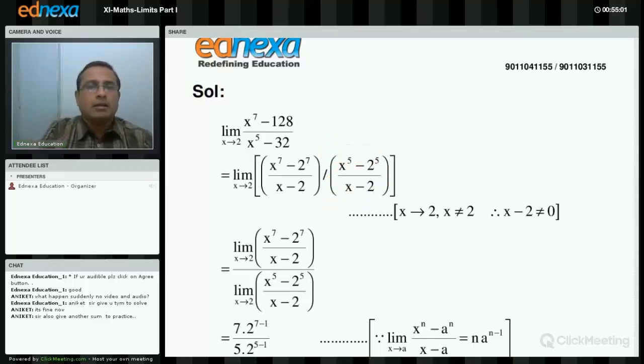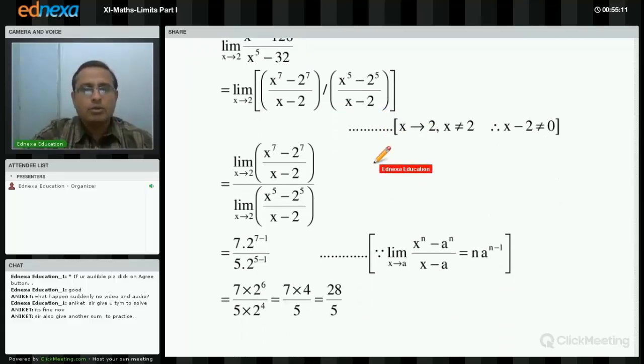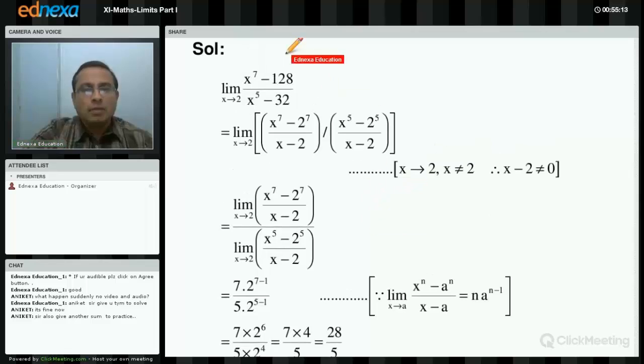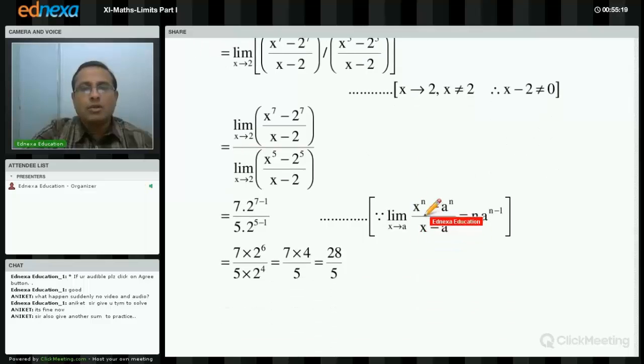So it should be done again using the standard limit, limit of x raised to n minus a raised to n upon x minus a. A good student will notice that both numerator and denominator are of which type? They are of the type x raised to n minus a raised to n, but the denominator should be of which type? x minus a.